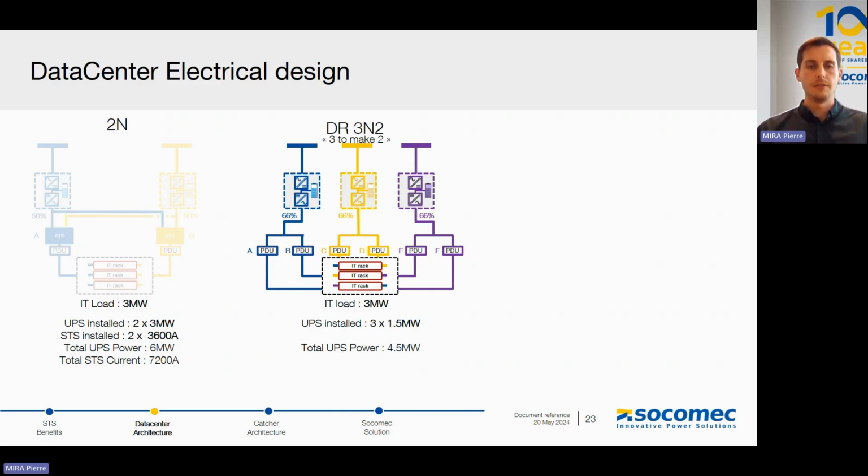When we have this 3 to make 2 architecture, we must size the UPS according to the IT load. If we have 3 megawatts of IT load, we'll have to size 1.5 times the power for the UPS. So for 3 megawatts of IT load, we need 4.5 megawatts of UPS.